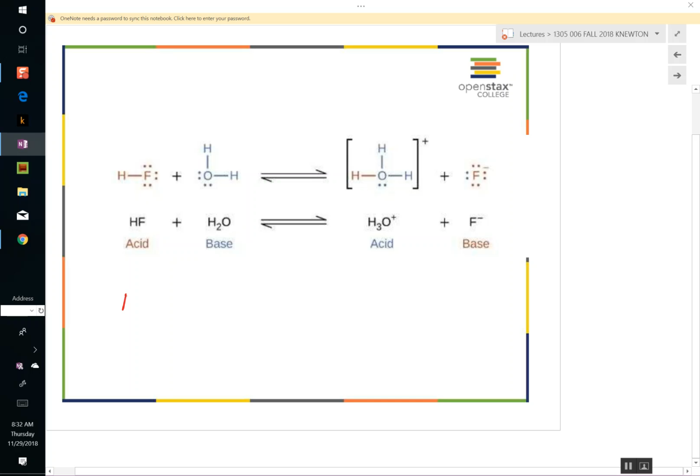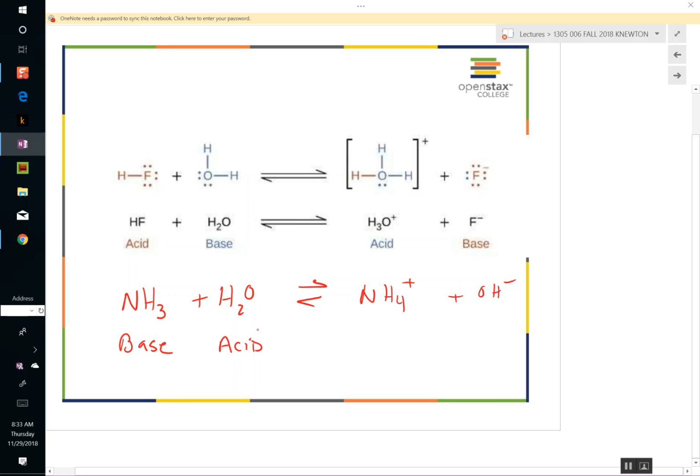Just a minute ago we had this. I want to put them both here for a second just to show you. This is your base and here is your acid.